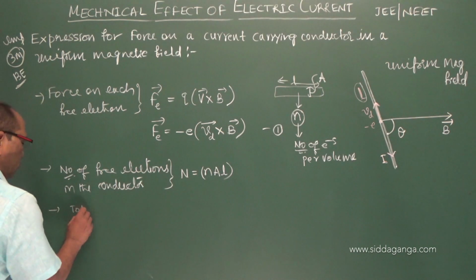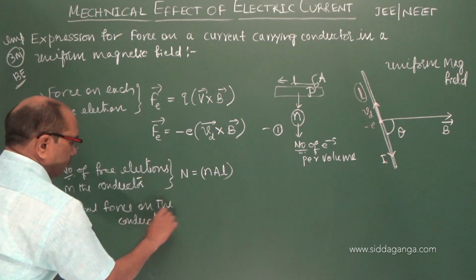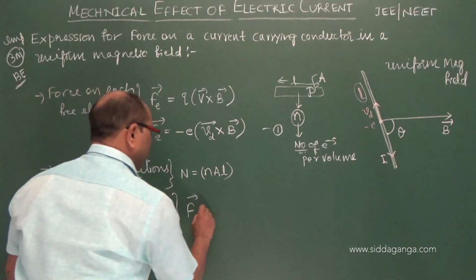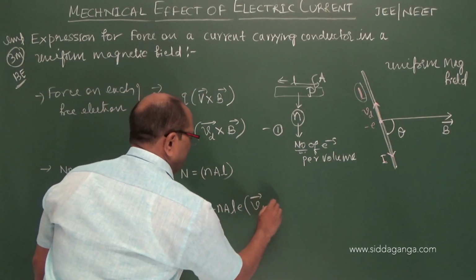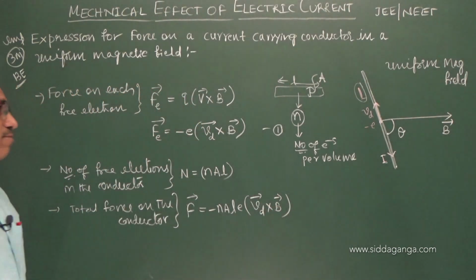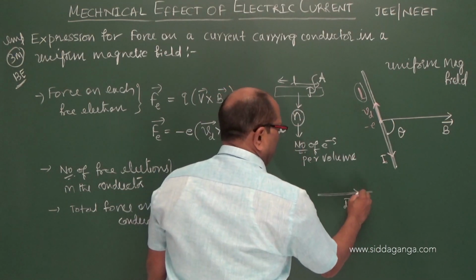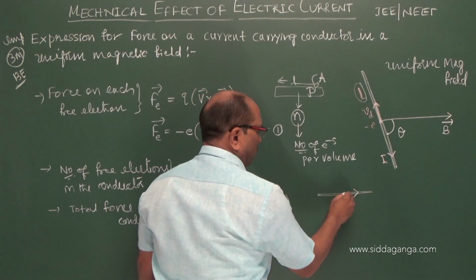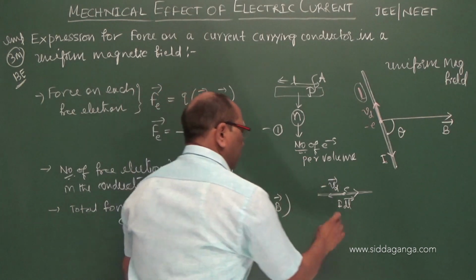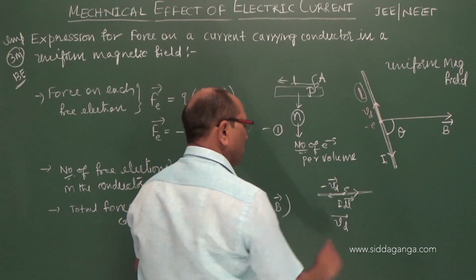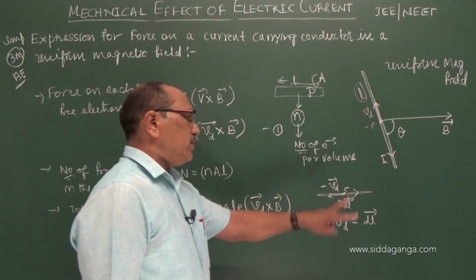Therefore, the total force on the conductor, F, equals nAL times minus e Vd cross B. But when I am talking about this current element of length dl carrying the current I, the drift velocity of the electrons is in the opposite direction. So minus Vd as a vector is the same as positive dl direction, because they are in opposite directions.